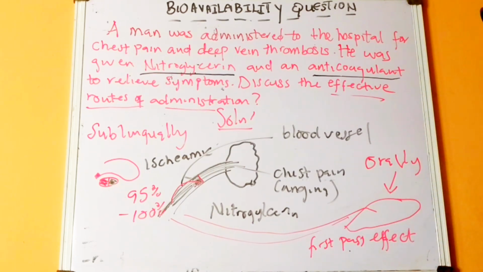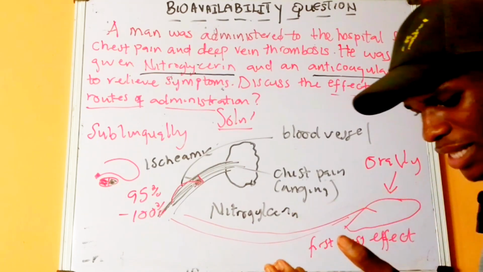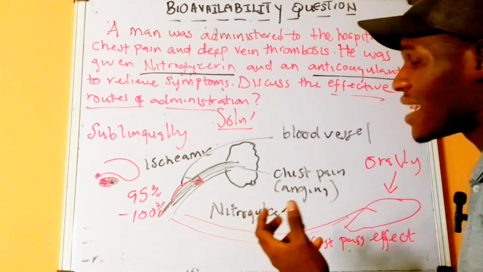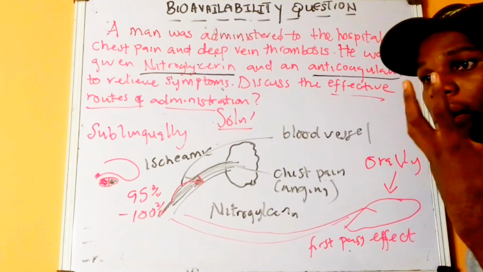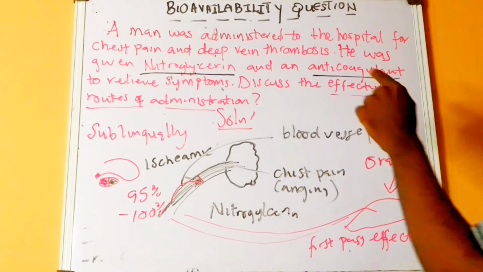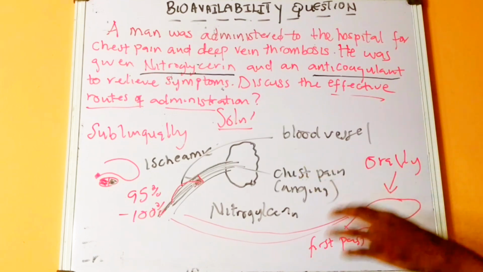And anticoagulants are drugs that break down or inhibit coagulation, drugs that dissolve blood clots, right? I will say this man was admitted to the hospital for chest pain, angina.